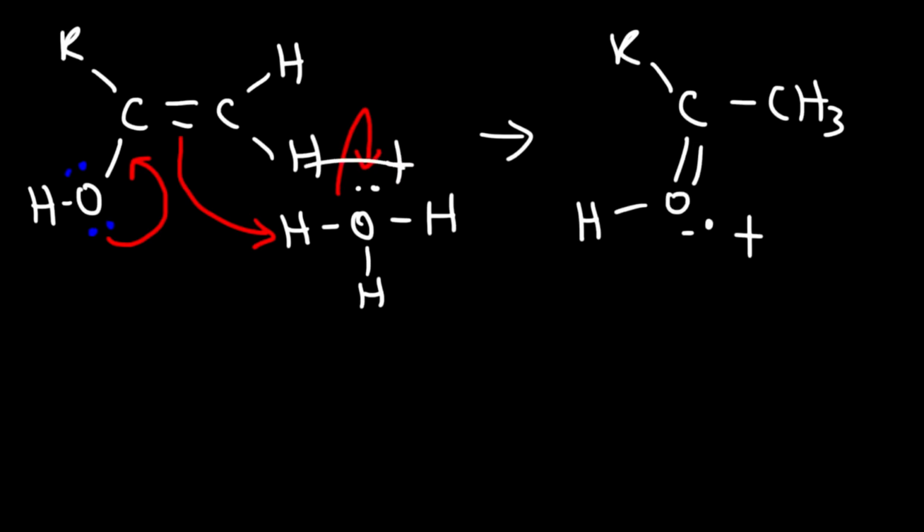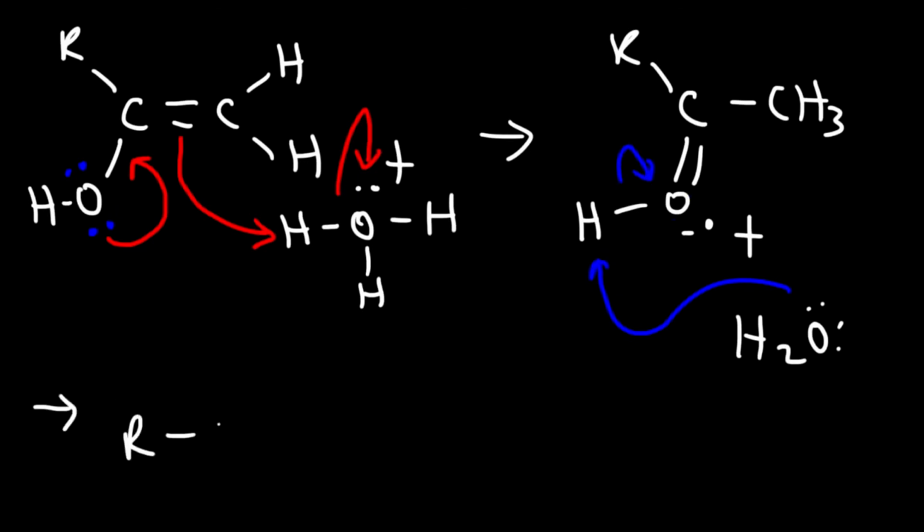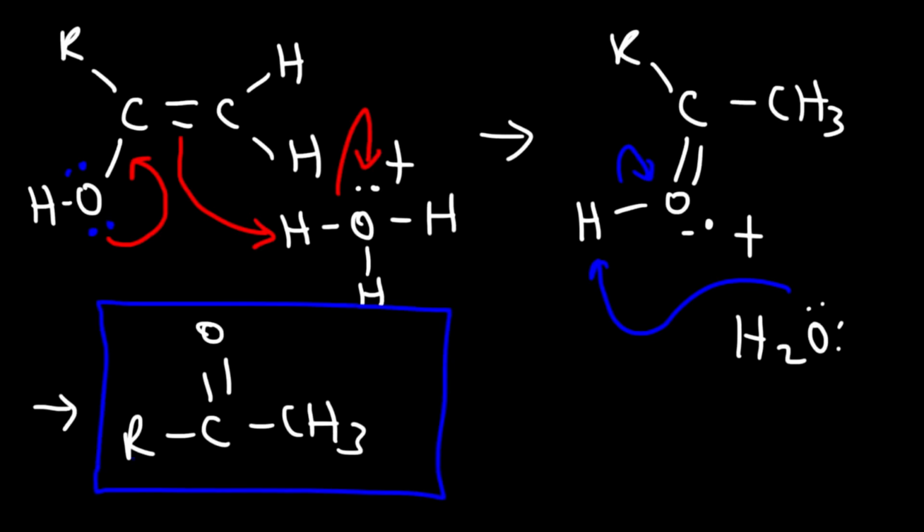So now this molecule, or this ion rather, it lost a hydrogen, so now it's H2O. So it's going to regain that hydrogen again when it takes it from the carbonyl group. And so now we have the ketone as our final product. So that's one way you can propose a mechanism for this particular reaction.